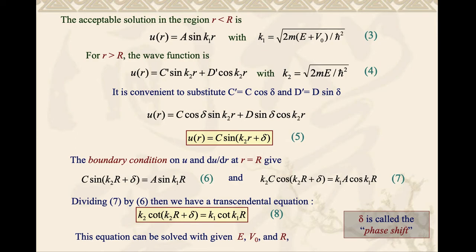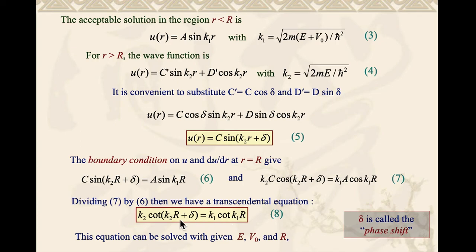And in a repulsive potential, the force is repulsive, which means your potential is positive. Always, for attractive forces our potential is negative, and for repulsive forces the potential is positive. So if the actual value is plus V0, this equation becomes E minus V0. So when it is E minus V0, K1 will be less than K2.